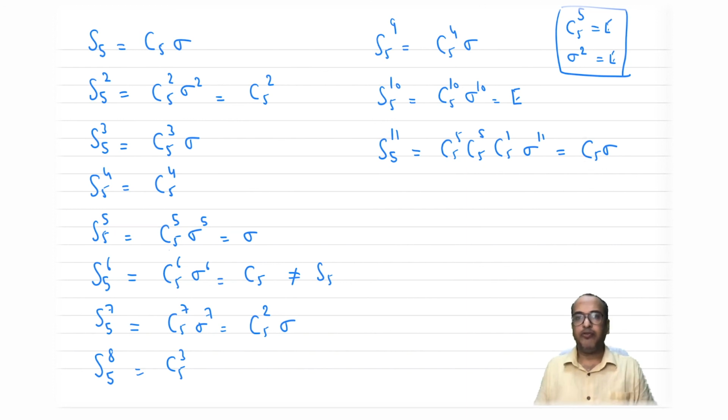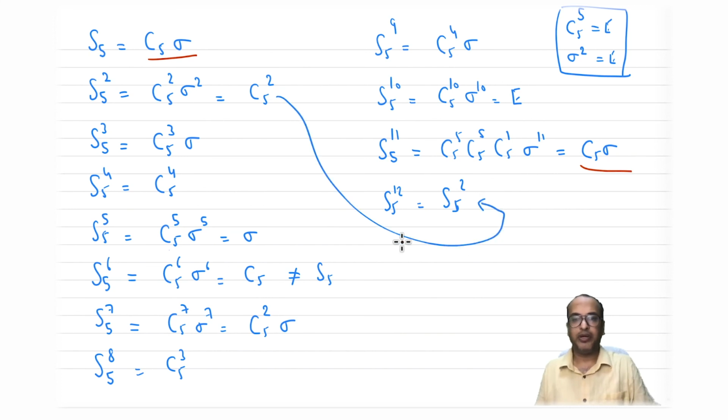If you notice, this is a redundant operation: C5 sigma, C5 sigma. Now if you go with S5 to the power 12, you will notice that this will be equal to S5 squared. You can do this yourself, and you will get this back over here.